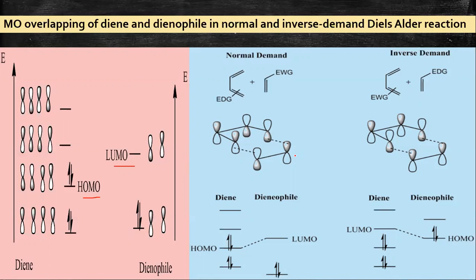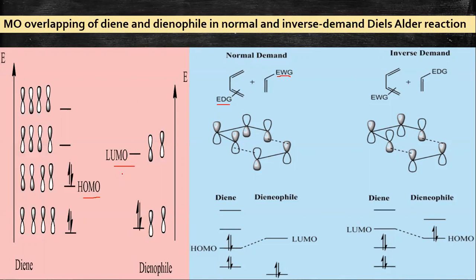According to the normal demand, the diene must be electron rich. So to make it electron rich, there must be some electron donating group, and the dienophile must be electron deficient. So to make it electron deficient, there will be an electron withdrawing group.